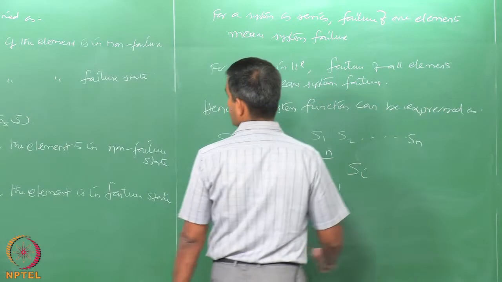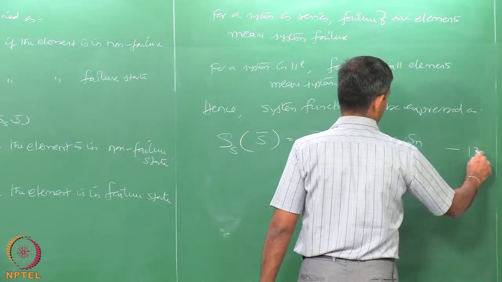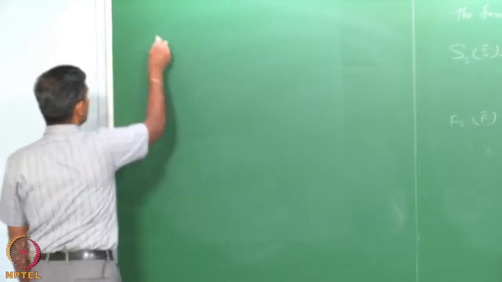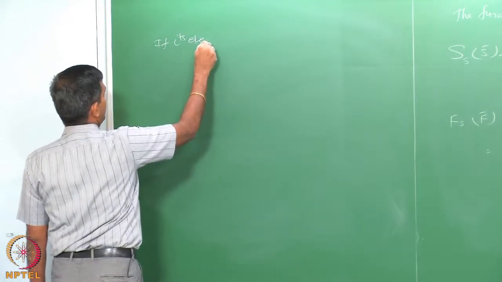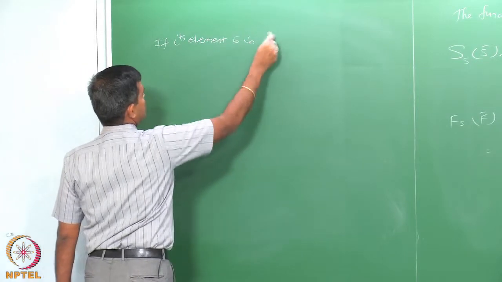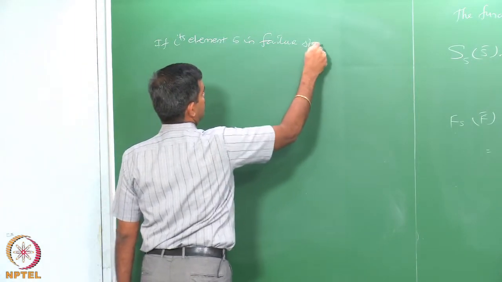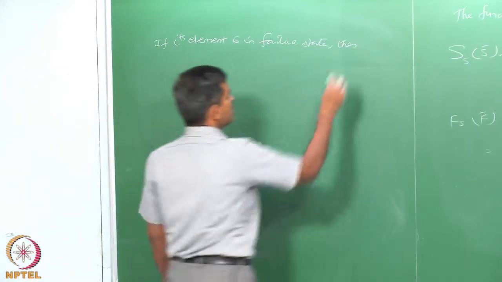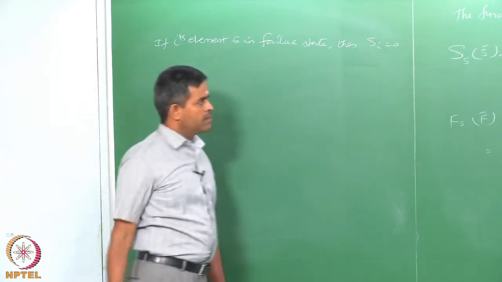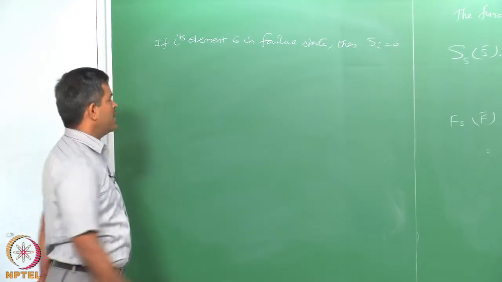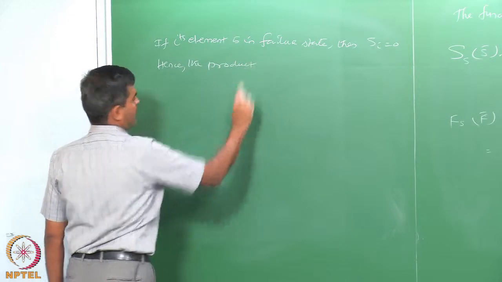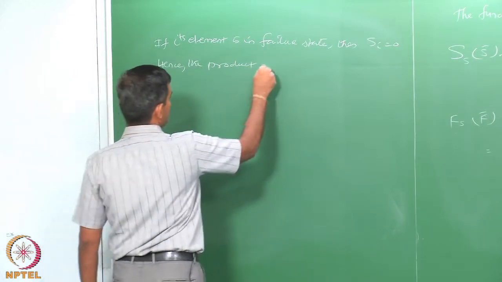I will call this equation number 13. If the ith element is in failure state, then we know that Si is 0, and hence the product as shown in equation 13 will also be 0.